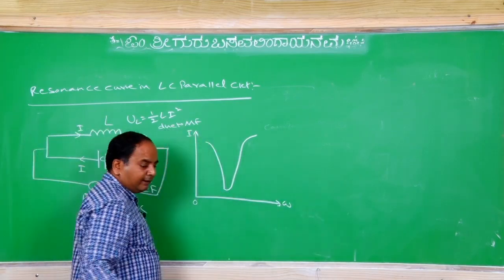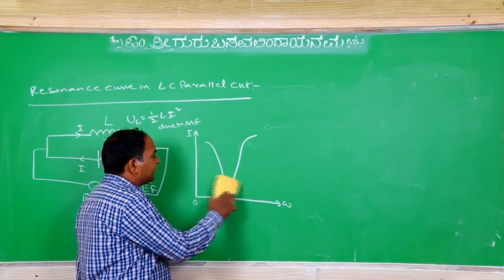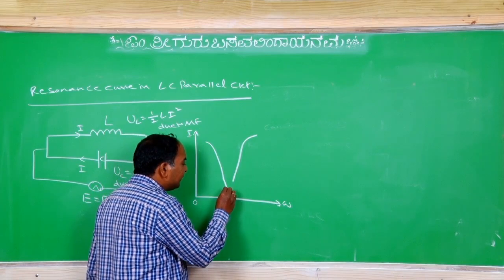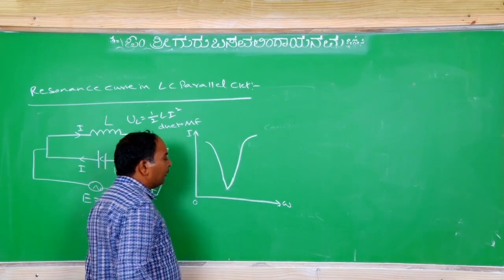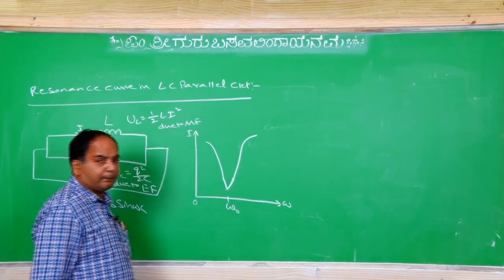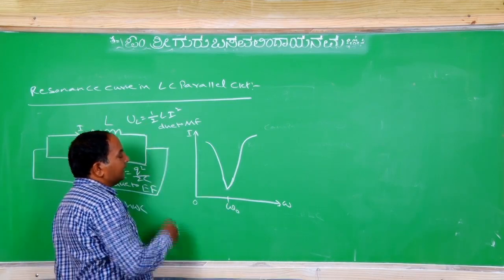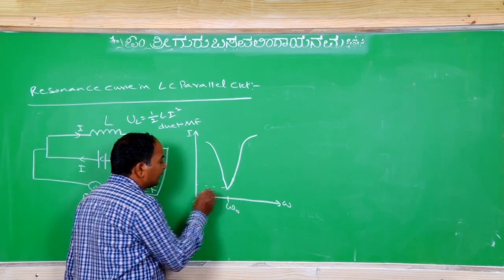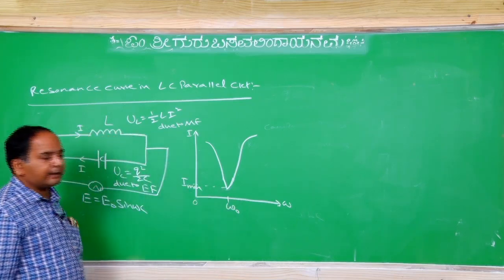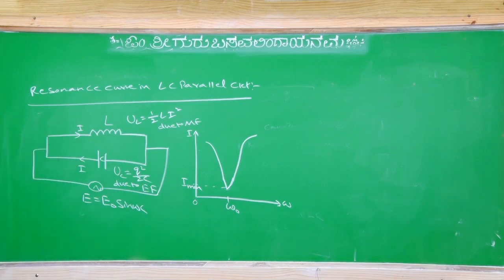Here, the curve is exactly in the reverse manner. In the case of LCR series circuit, you know at resonant frequency, the current is maximum. But in LC parallel circuit, the current will be minimum at resonant frequency.